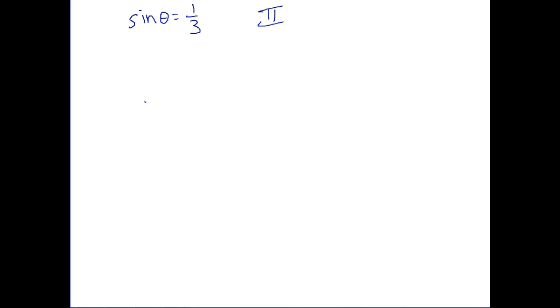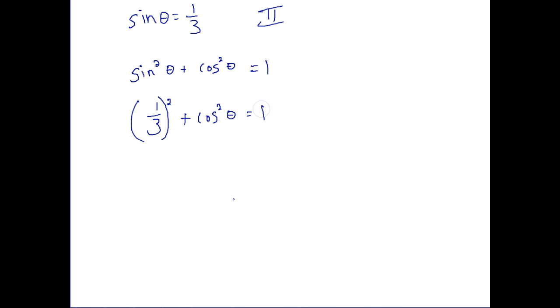Okay, well, let's think back to our identities, that sine squared of theta plus cosine squared of theta, we're squaring the entire function, is equal to 1. And so if sine theta is equal to 1/3, then 1/3 squared plus cosine squared of theta is going to equal 1.